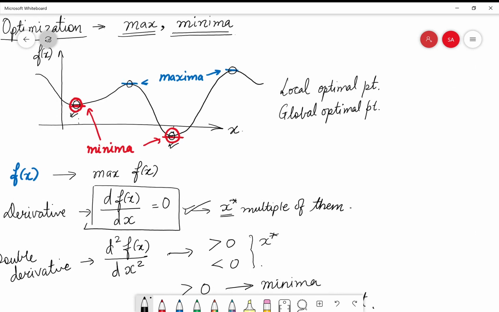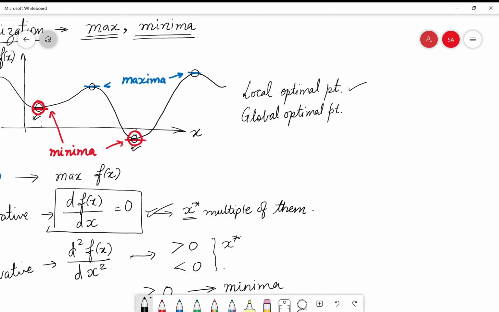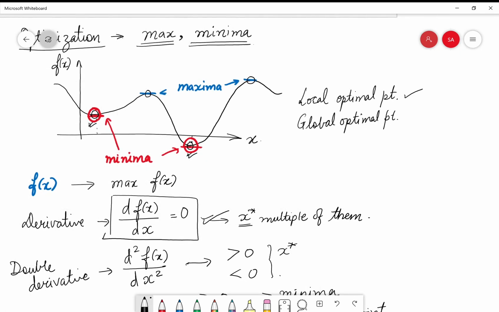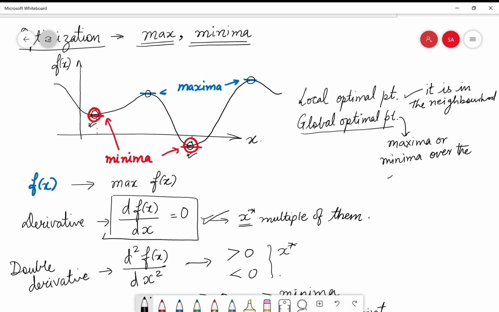Now, what is a local optimal point? A local optimal point attains the optimal value in its neighborhood, while a global optimal point is a maxima or minima over the entire domain.